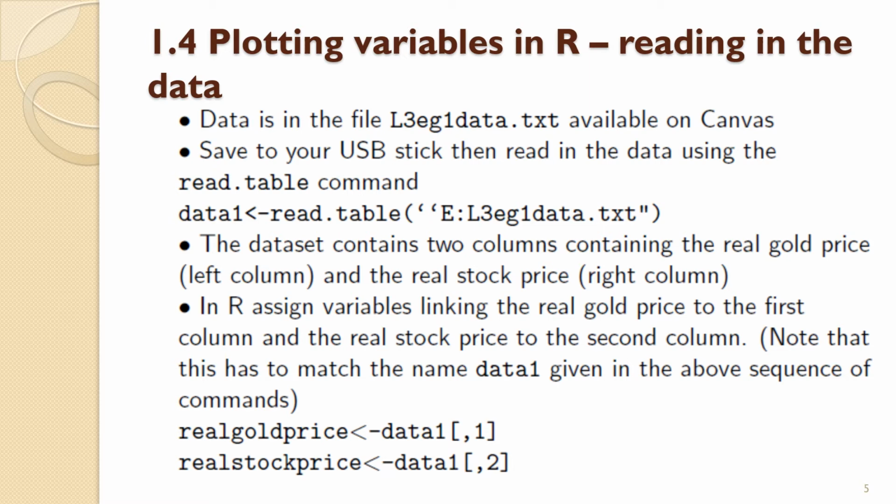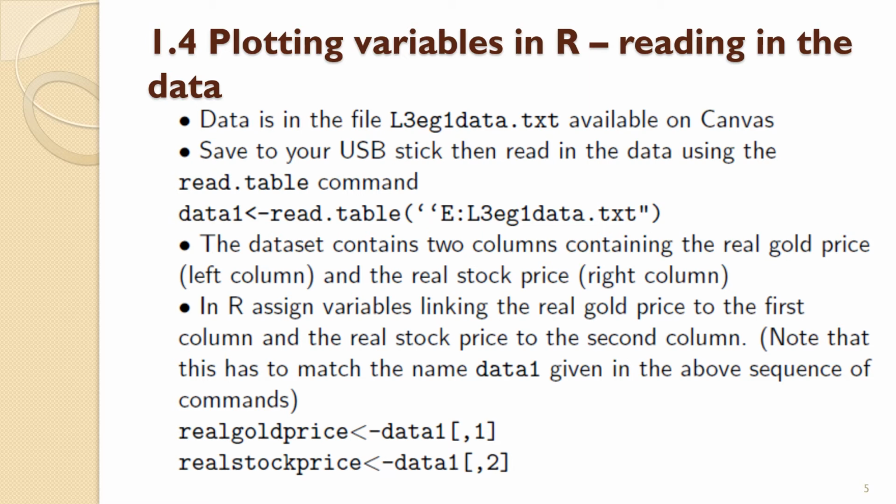On your computer, it's possible that your USB stick will not be the E drive, in which case you have to change the letter here. Now, if you look at this .txt file on Canvas, you should see there are two columns containing the real gold price on the left and then the real stock price on the right.